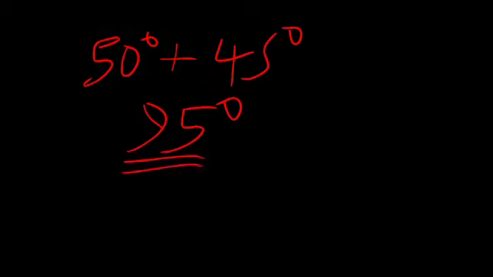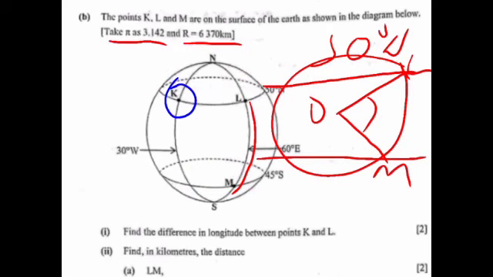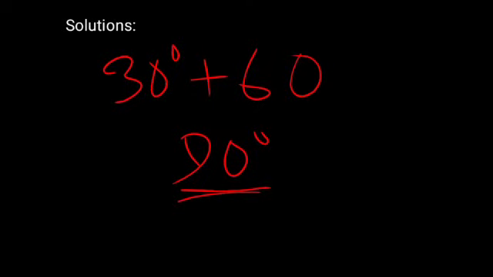The arc LM is subtending an angle on the center of the Earth, which is 95 degrees.